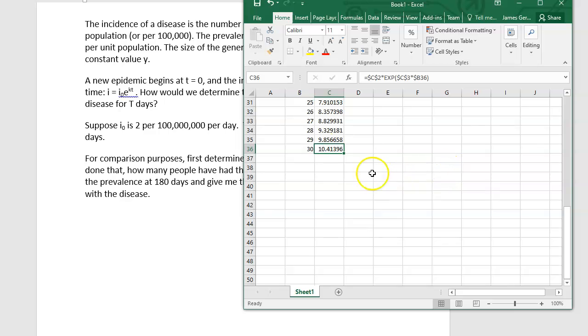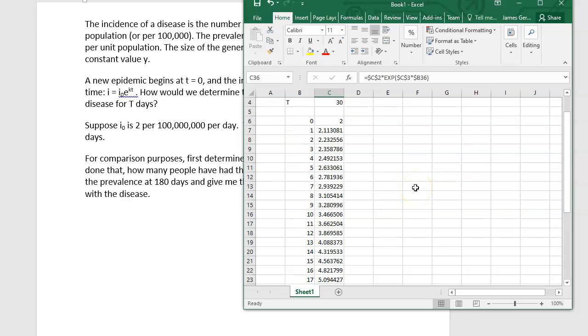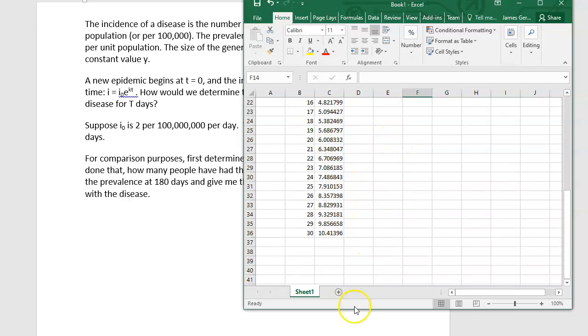Day 30, 10 new people get it. And if you wanted to, you could just look and say, okay, 159 people have this disease at the 30-day mark. You could do this with Excel, and it'd be quite easy to just keep on doing this and take this out however far you needed to.